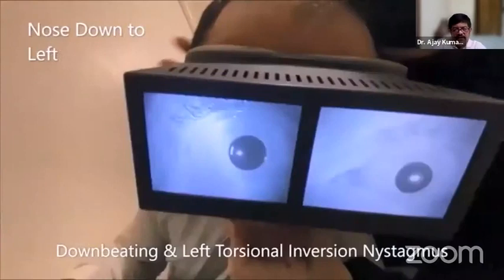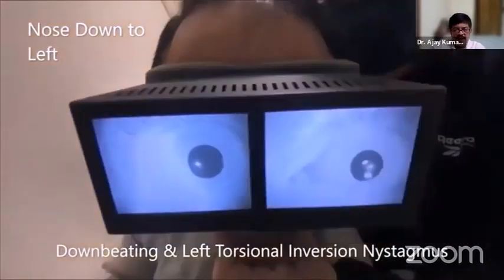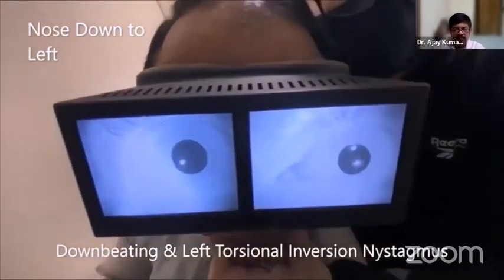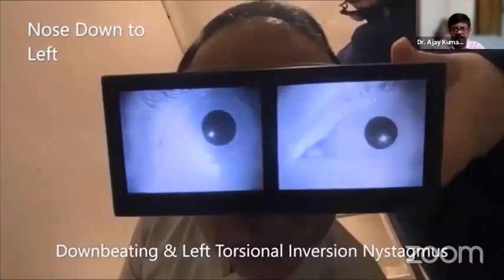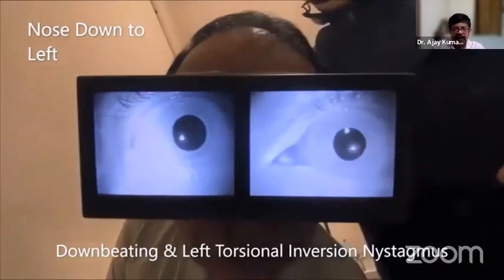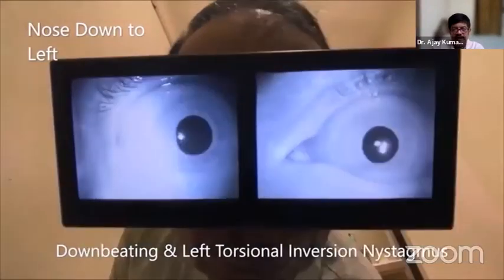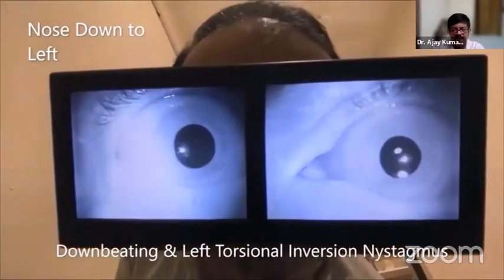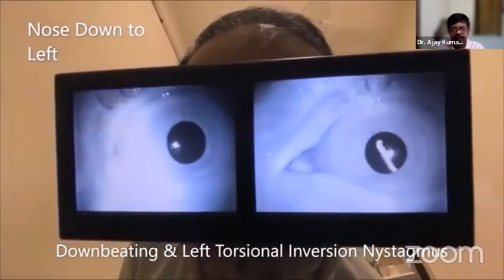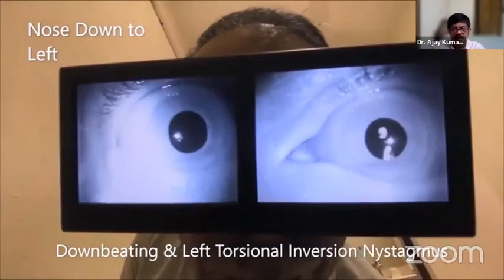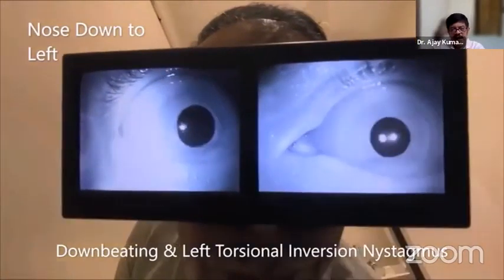The nystagmus reverses polarity. Now it is downbeating. It is left torsional, better seen in the right eye. The torsional component is better seen in the left eye. It again lasted for more than a minute. So this is a posterior cupulolithiasis of the right side.